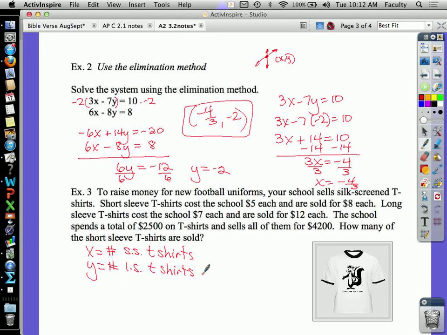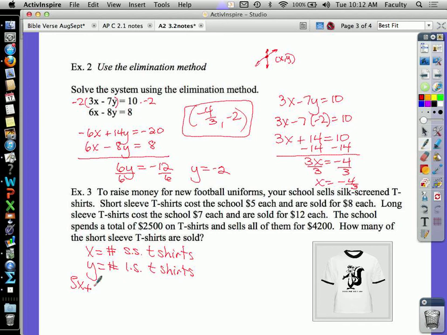All right, does somebody want to attempt a system of equations to describe this problem? Anybody want to try it? Yeah, Henry? 5x plus 5y equals 4,200 because it's the number of t-shirts you sell, correct?